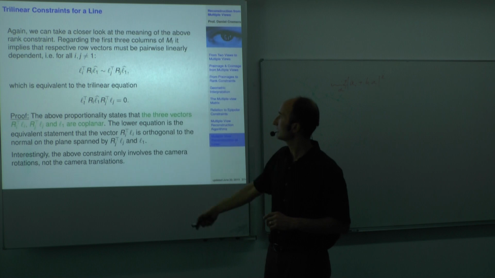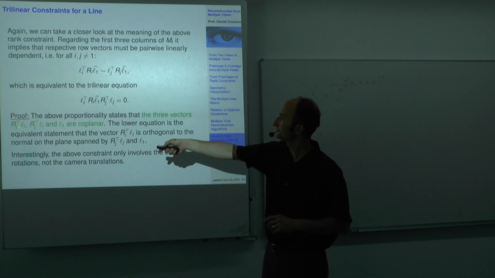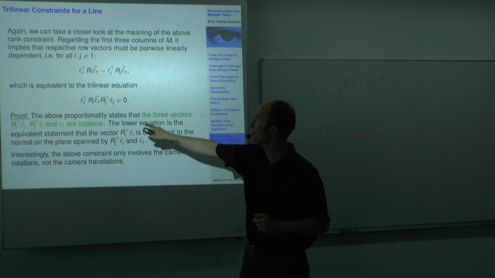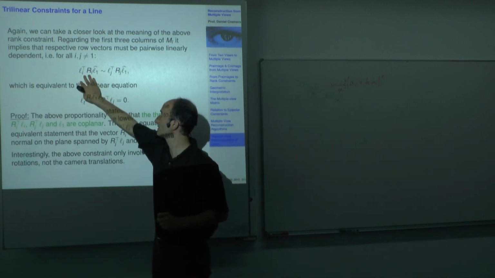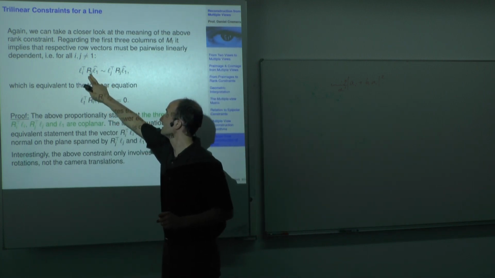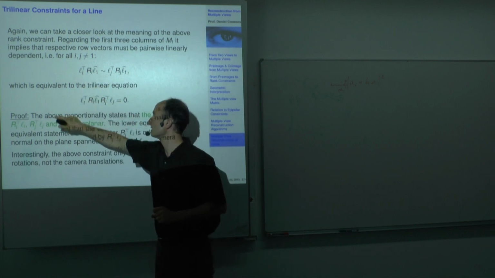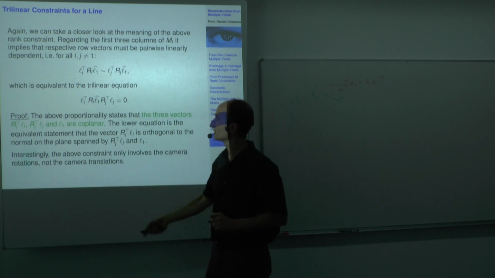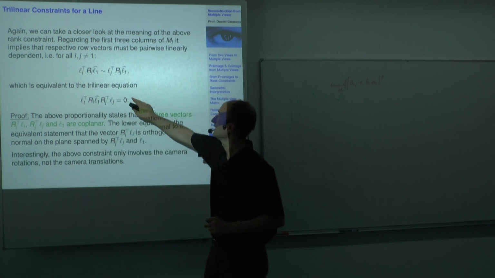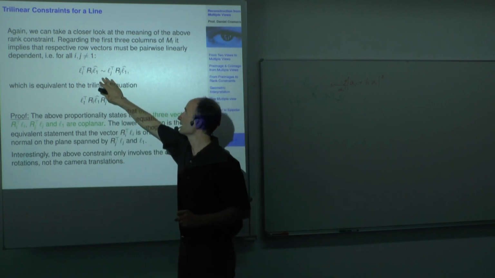What you have here is that this expression is a multiple of that expression. More specifically, it means that the three vectors, Ri transpose Li, that is the transpose of this vector, and this here is nothing but the cross product of L1 and the vector Ri transpose Li. So the cross product of this one and the cross product of these two must be proportional.